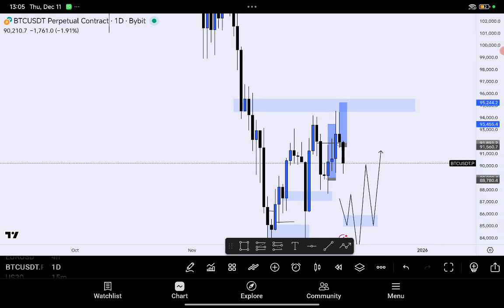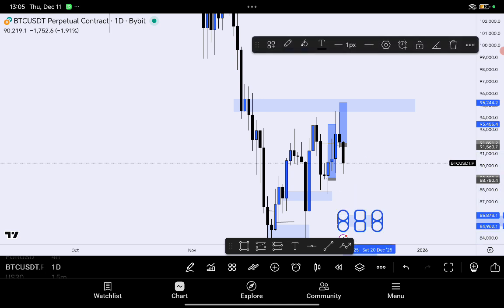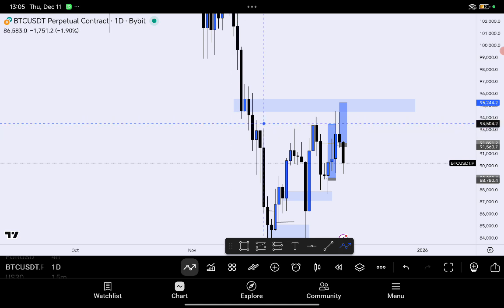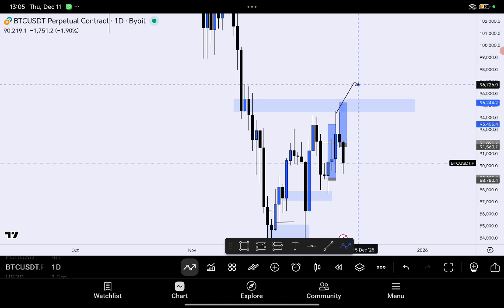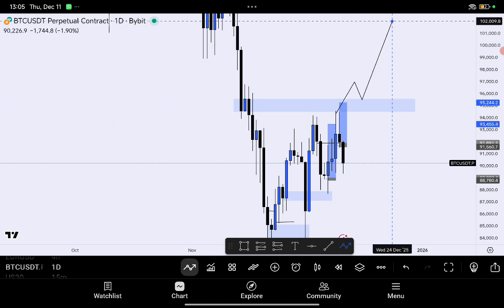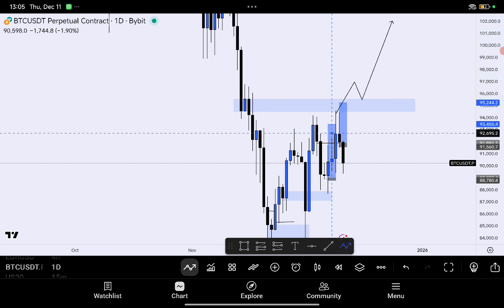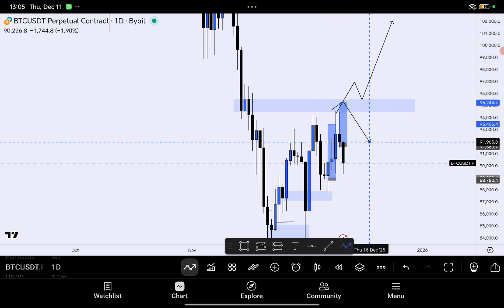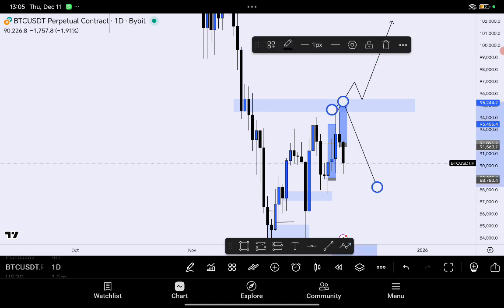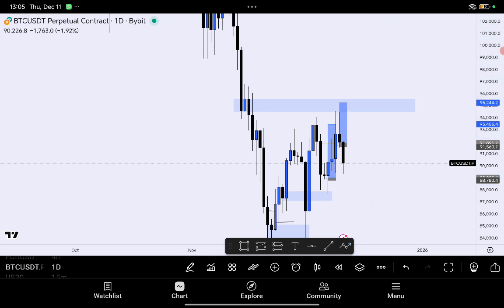So this is my target for the buy. I was expecting the market to either break up and continue bullish, or reject the area and become bearish. So I think the market is going bearish.